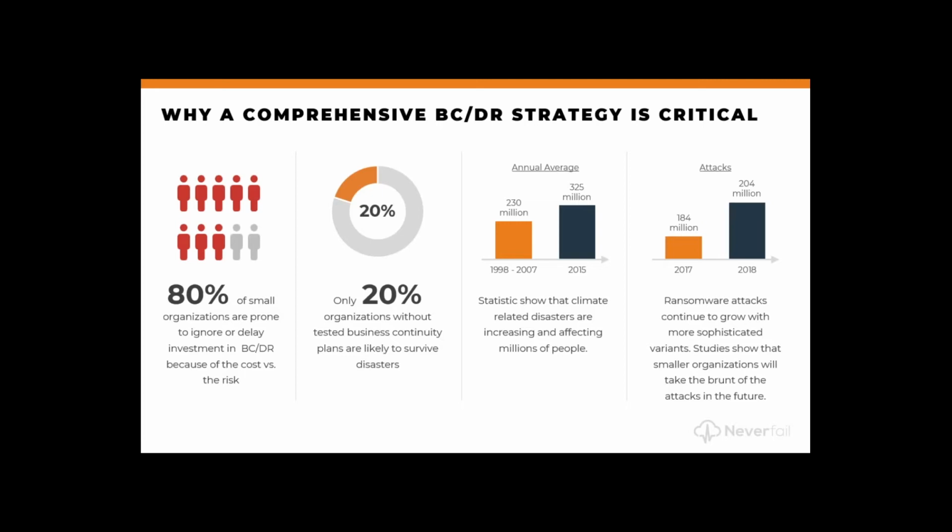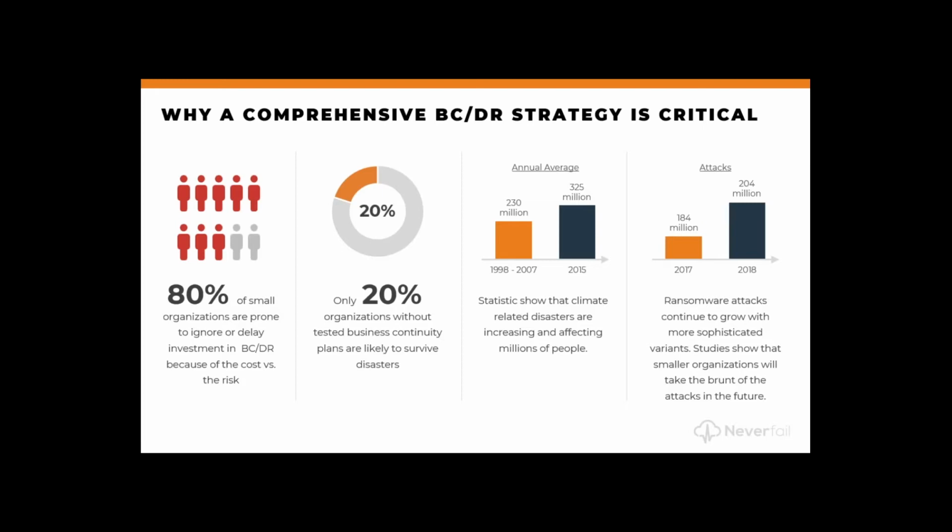This is ruining people's lives as we continue down this path with the unfortunate climate change related incidents. These are 2015 numbers, but I've seen new numbers in the last month or so that are almost 500 million now. So this is serious stuff, and we have to plan for these things.